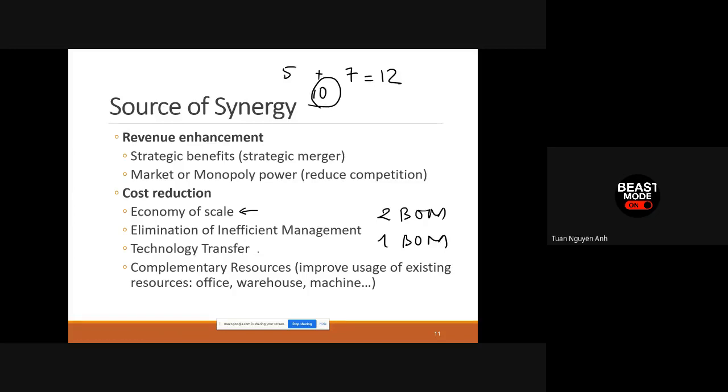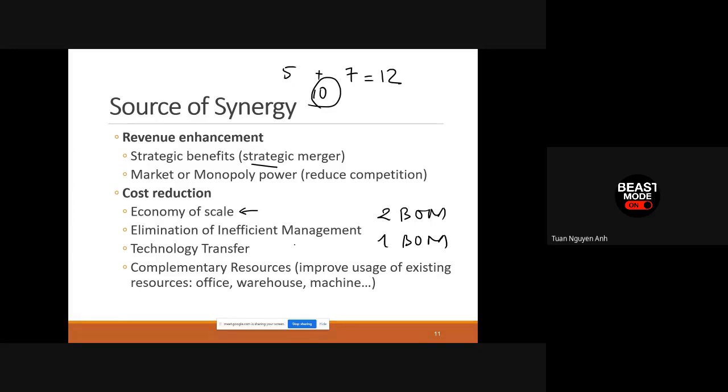Technology transfer. This is something like strategic. We need some technology, but we do not have enough time or enough money to do the R&D, so we can buy a company that already has the technology. Or sometimes they have already registered the patent.